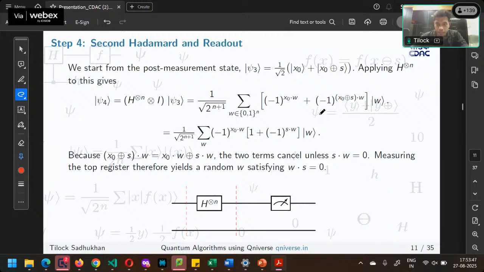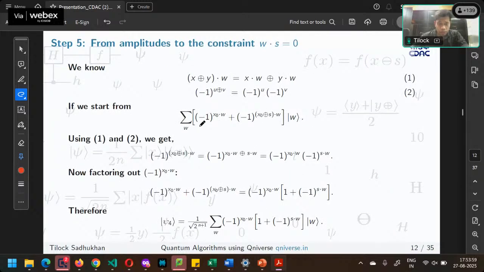So just remember that this is the expression that we get basically after the second set of Hadamard on the first register. So these are the two properties that I've used here to simplify this expression. These are the bitwise x dot y with the dot product. If we apply this, we'll get basically x dot w and bitwise x dot y dot w.